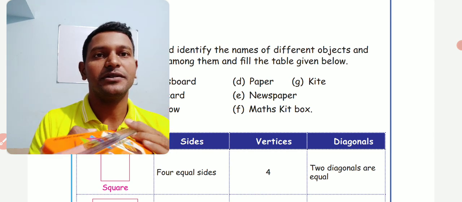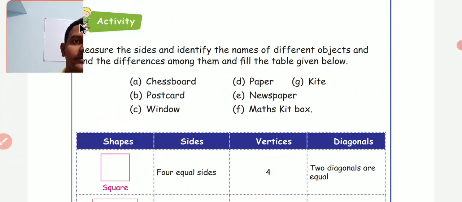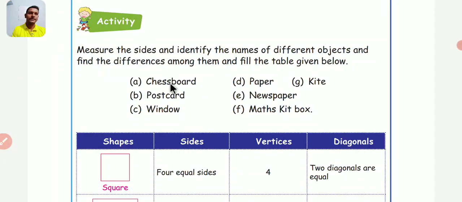In the same way you have to do all the objects here: chessboard, postcard, window, paper, newspaper, max kit box. Just now I taught that is a kite. So many objects are there. This is your activity you can do at home. You can measure its length and breadth by using a ruler.